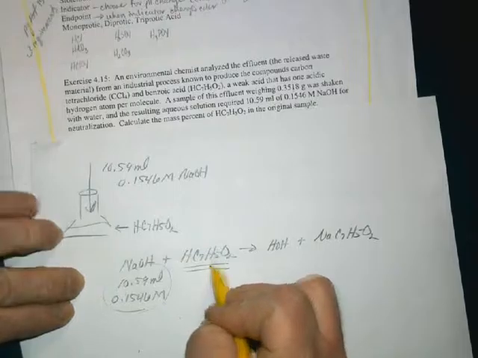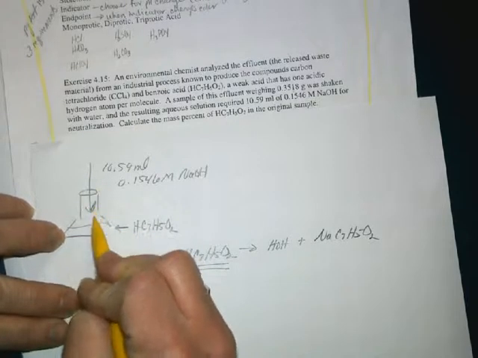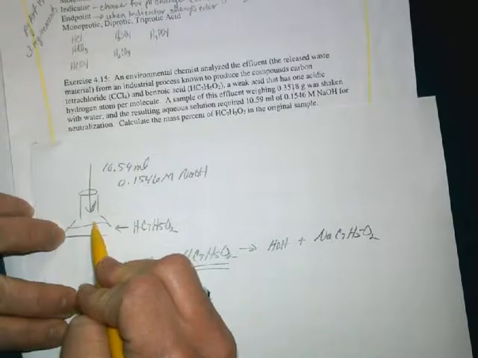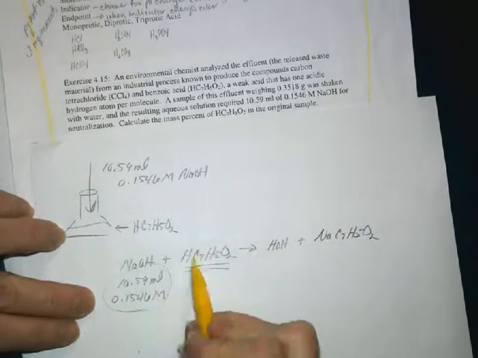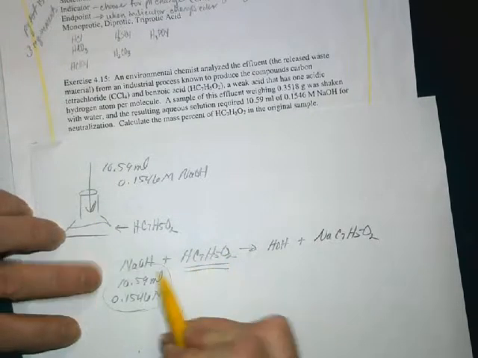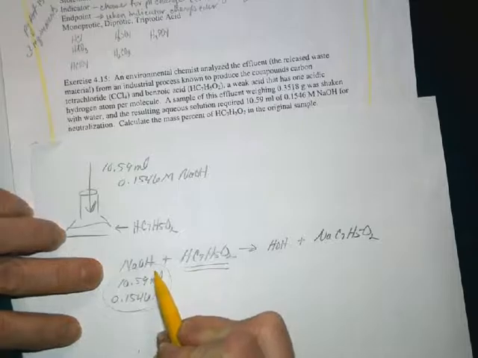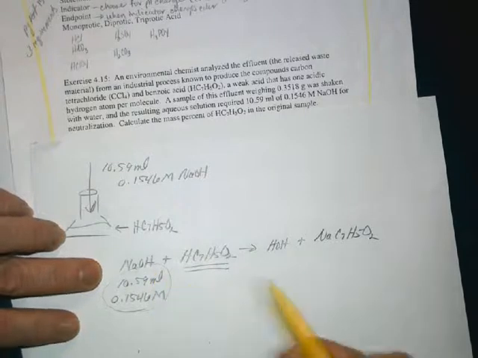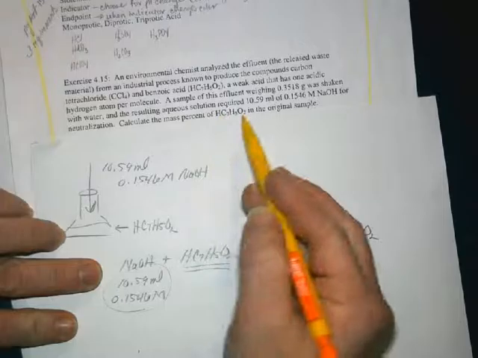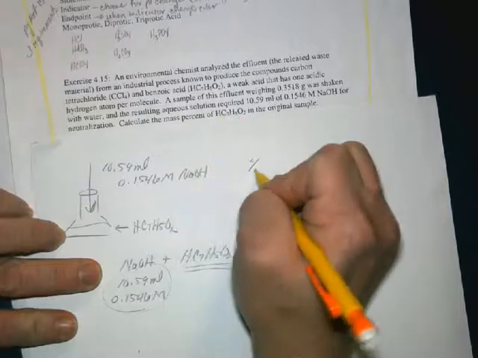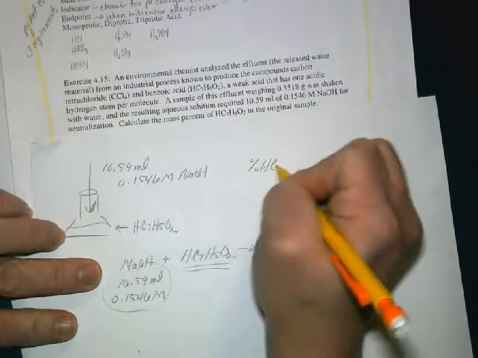I imagine that an indicator like phenolphthalein was used. It would begin clear. We would add enough base until we got the slightest tinge of pink. That means we've reacted all of the acid and we are just barely basic. The ending value that we're seeking is the percent of benzoic acid in this waste.